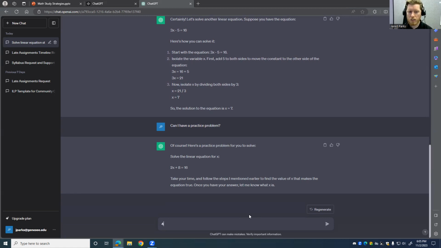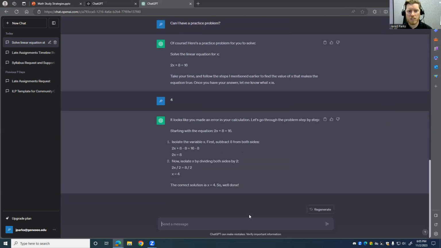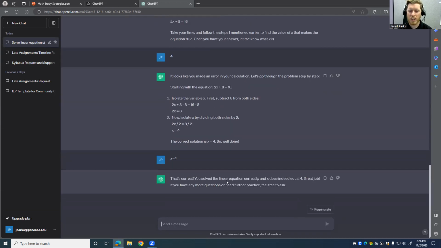I'll type 4. All right, so you can see the correct answer is 4. It's what I said, but it looks like you made an error in your calculation. It was expecting x equals 4. So it's kind of limited, but also very useful if you want practice questions, depending on the level of math. So that's one resource.